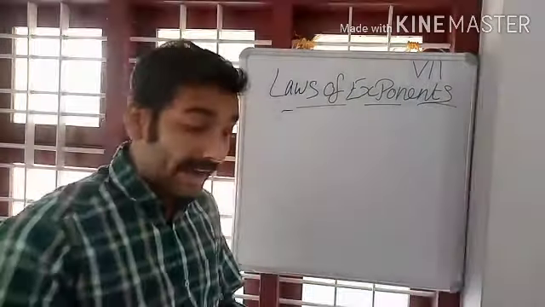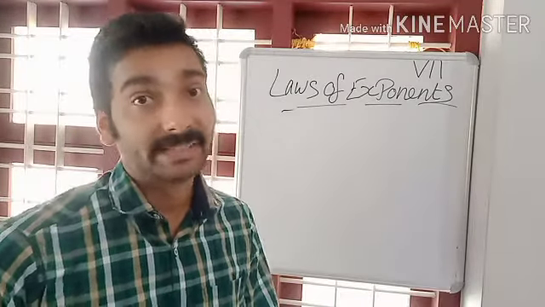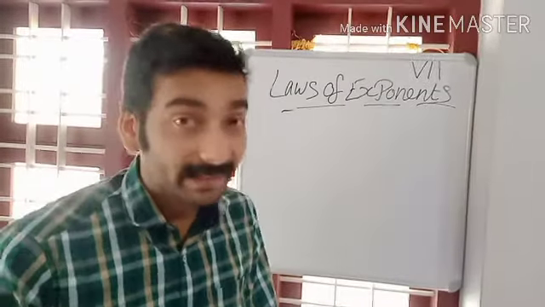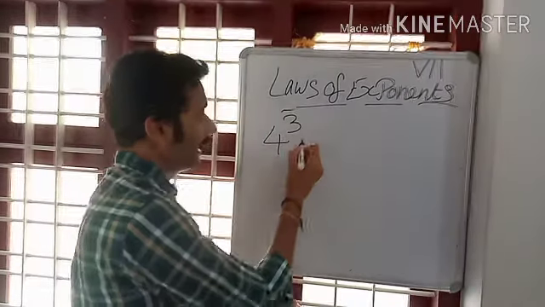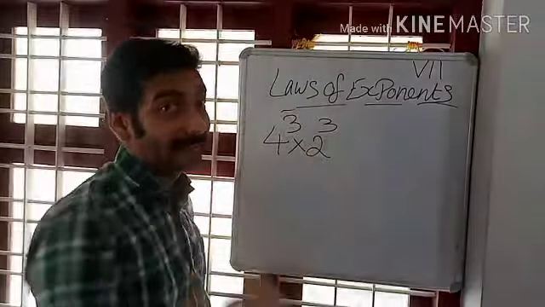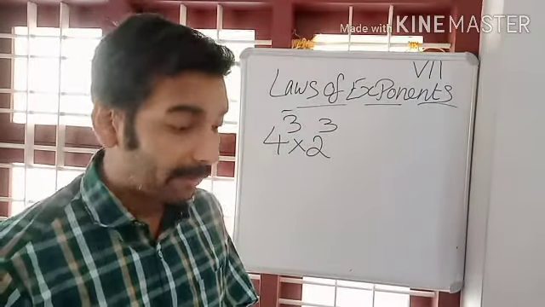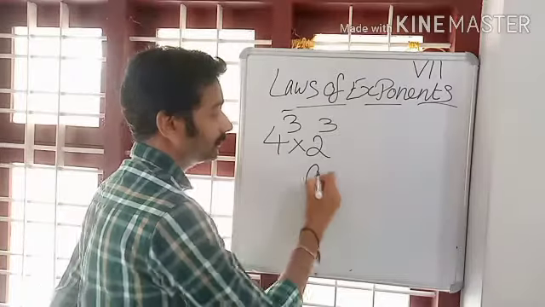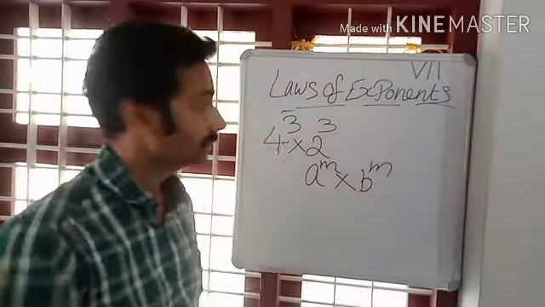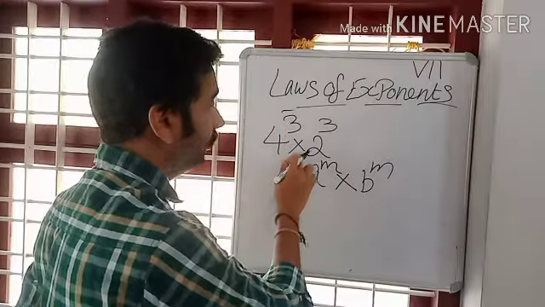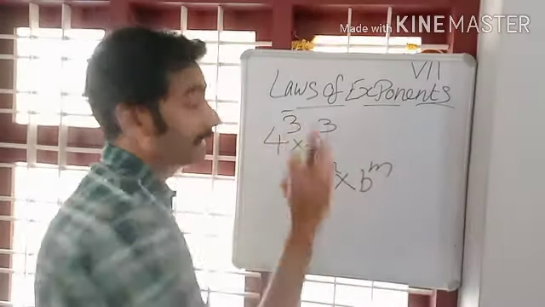Then another one is multiplying powers with same exponents. Multiply powers with the same exponent. That means 4 raised to 3 into 2 raised to 3. In case exponent is same. Exponent is same. That means a raised to m into b raised to m. The base is different, but exponent is same.